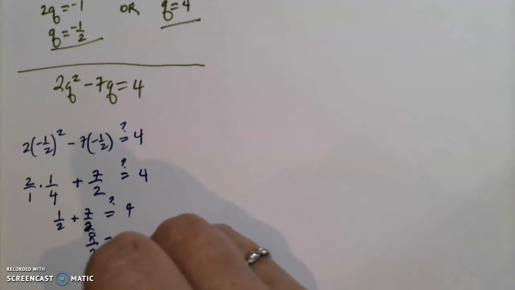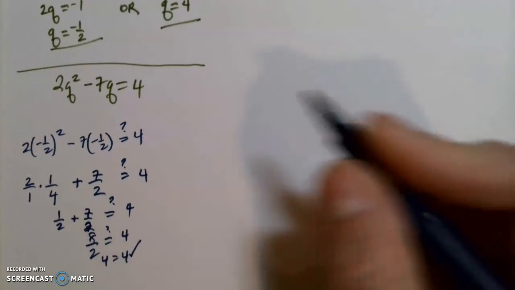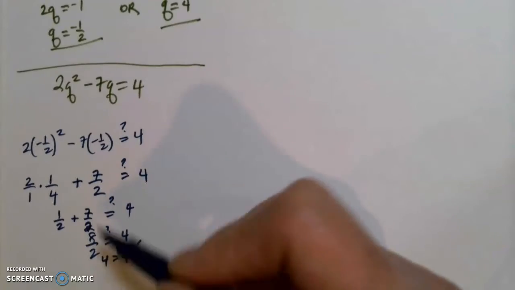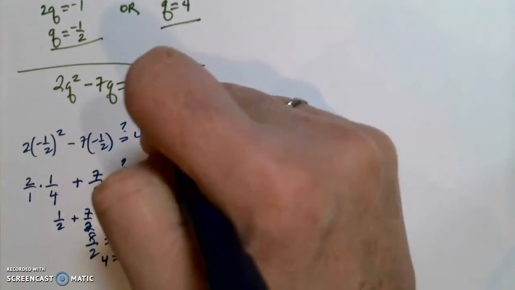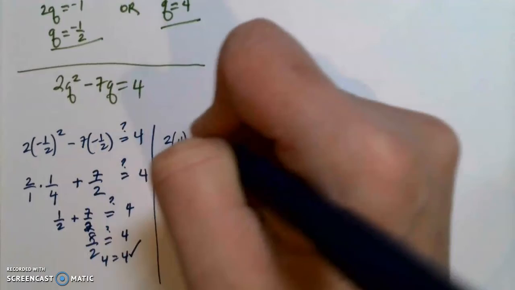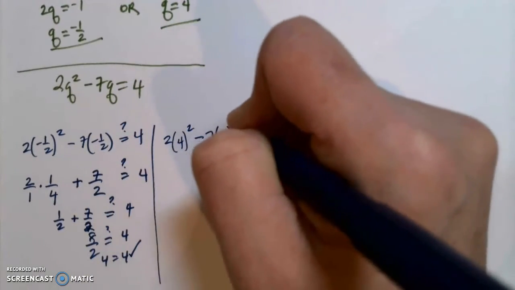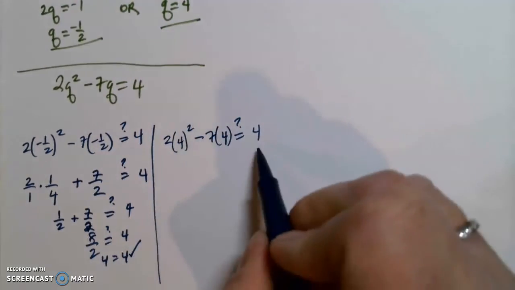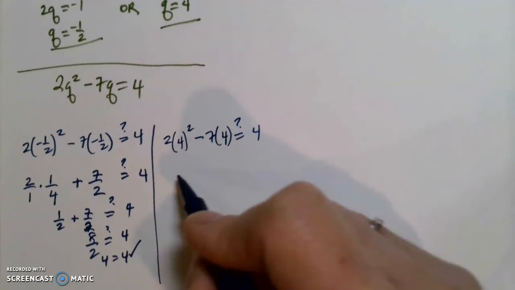So 8/2. And yeah, that is going to be equal to 4. So again, you can do this in your calculator if you want, but if you're getting weird answers all the time, then I would recommend trying to do it by hand a little bit first before you go over to the calculator consistently.